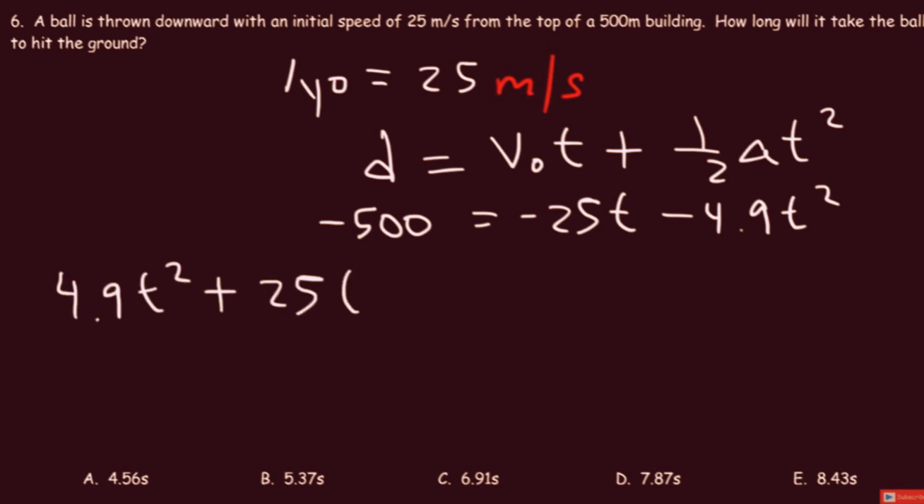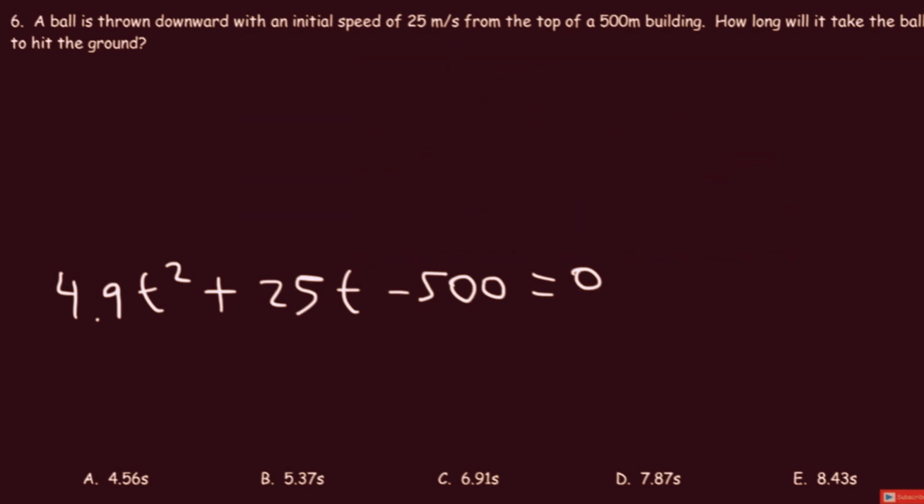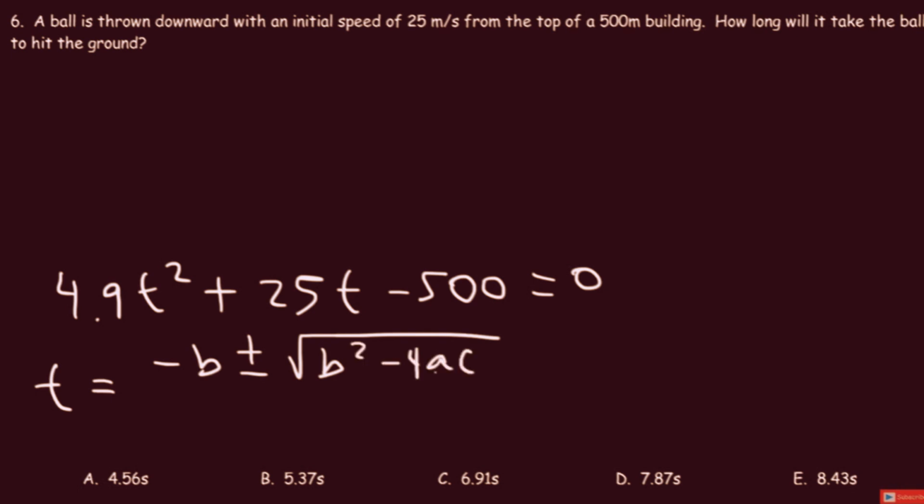Now let's use the formula. t is equal to negative b plus or minus the square root of b squared minus 4ac, all divided by 2a. So in this problem, a is 4.9, b is 25, and c is negative 500.